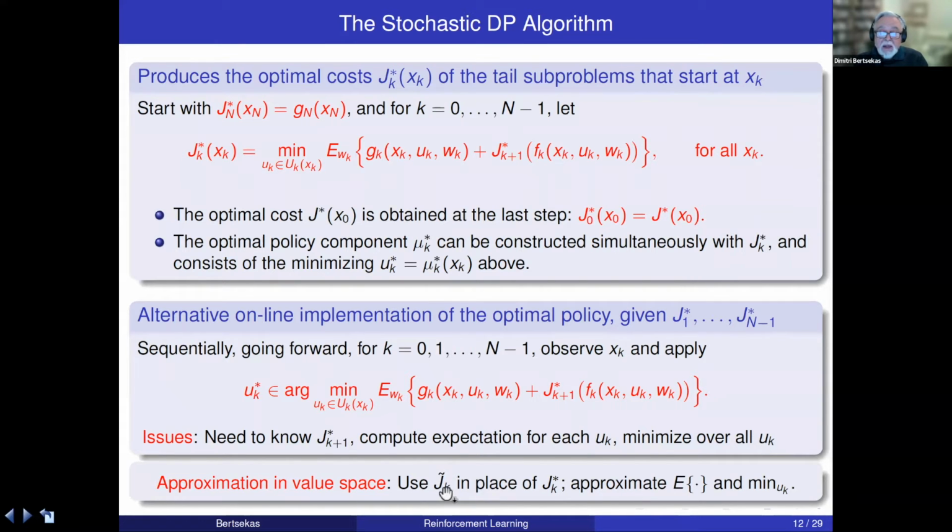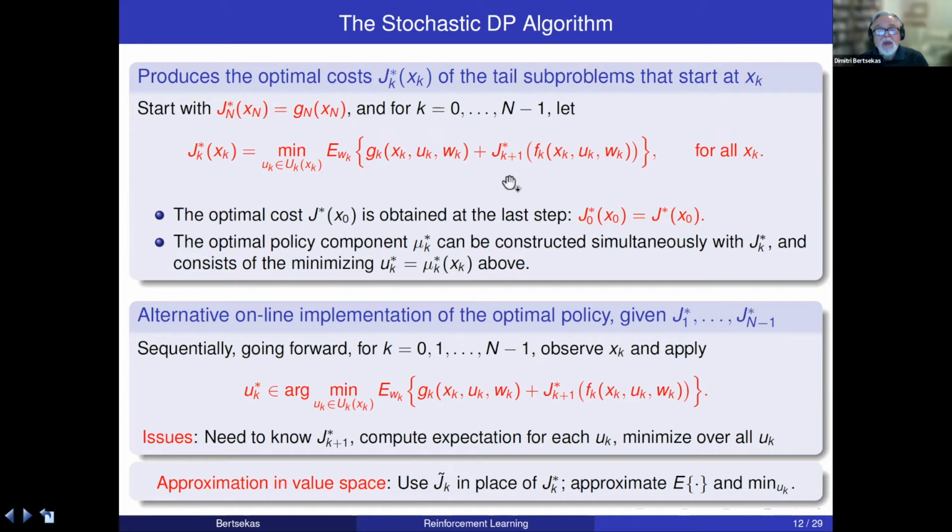A lot of reinforcement learning methods deal precisely with how we compute this J tilde_k. And there are also some other possibilities. We may try to approximate this expectation, which can involve substantial computation. In some cases, we may also try to simplify this minimization here, which can also be difficult to do in many contexts.